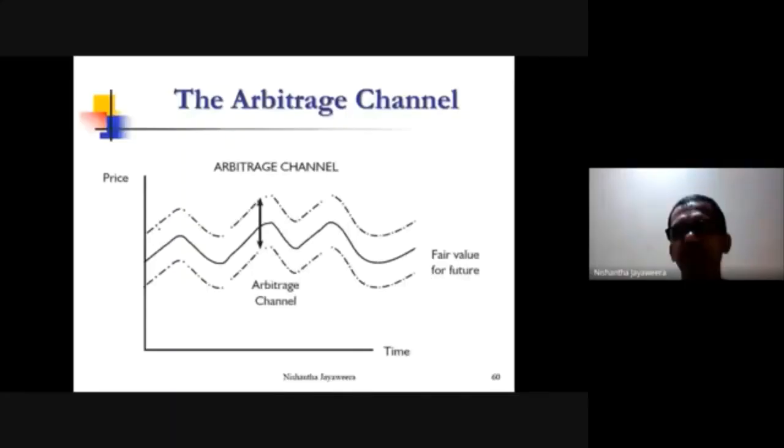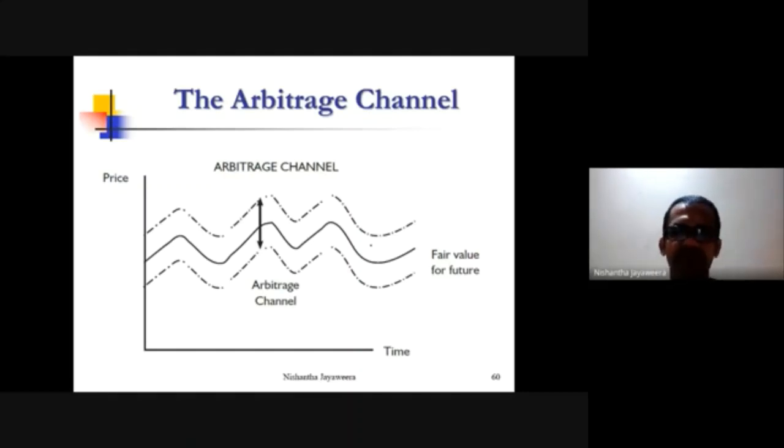The line shows you what would be the fair value. The fair value and the market futures price are not the same, but nobody can exploit the arbitrage opportunity, because once you do all these transactions, either you get zero or it may be negative.